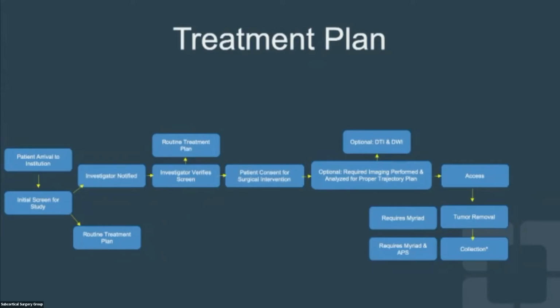And if everything is ready, we just go with the surgery as it's planned. So the surgery is going to be done on the same day with or without the study. Very rarely did we have a case where we couldn't put the patient in the study because we couldn't get the things done beforehand.